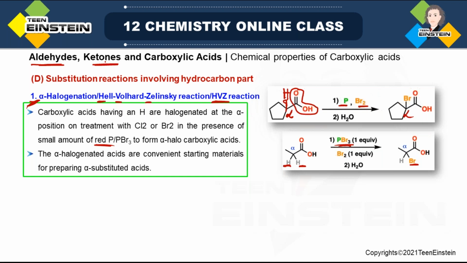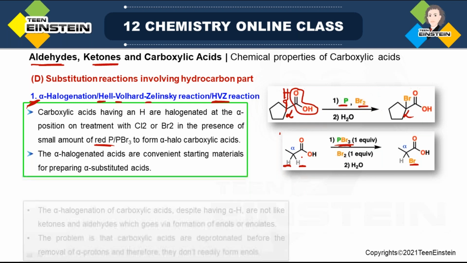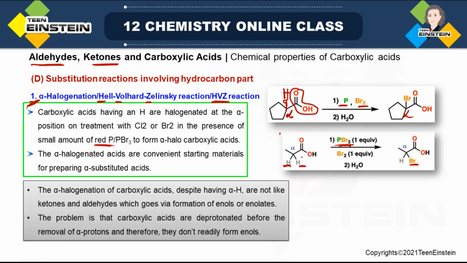Why for carboxylic acid are we using this special extra reagent? Why not simple base? Because if you use simple base, there should be generation of some carbanion at the alpha position by removal of alpha hydrogen, and then you can substitute this carbanion with bromine. But that is not possible.